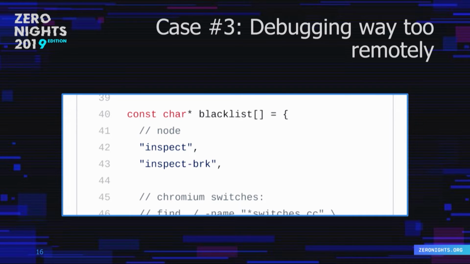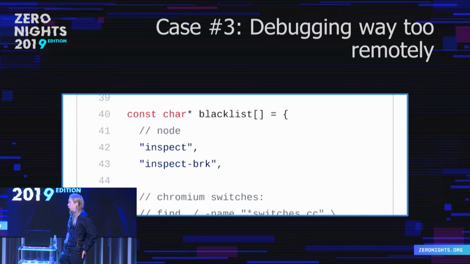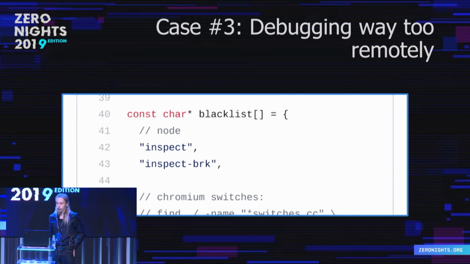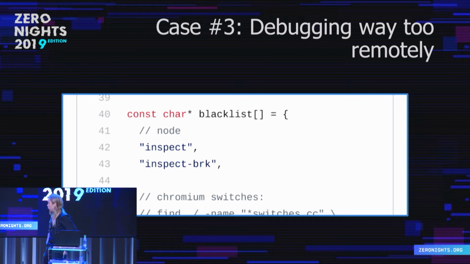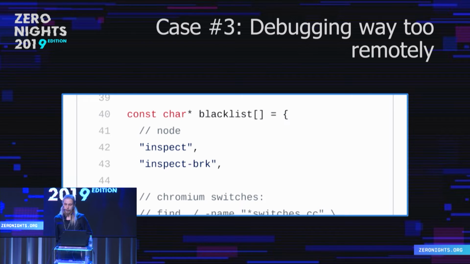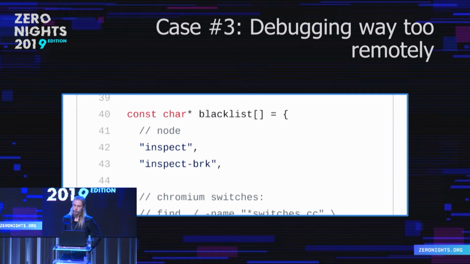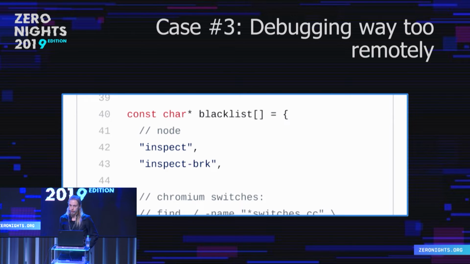This is from the screenshot of the blacklist earlier on, and you can see the blacklist starts with 2 very dangerous node switches. These 2 switches enable remote debugging. So a remote attacker would be able to remotely enable remote debugging. So yeah, that's way too many remotes.